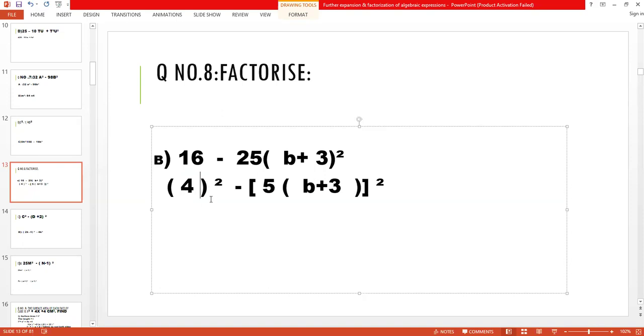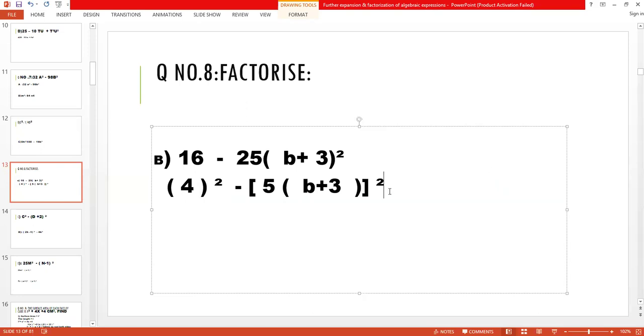So 4 into 4 is equal to 16. 25 is also a square, the square of 5. And this b plus 3 whole square, it is understood that this one is a square. So this one is the first term. So how do we say it is the third identity? First term square minus second term square. So there we identify that this one is the third identity because it is the difference of two squares.